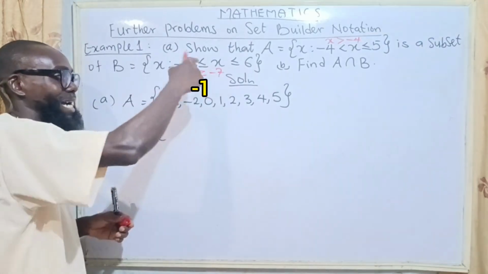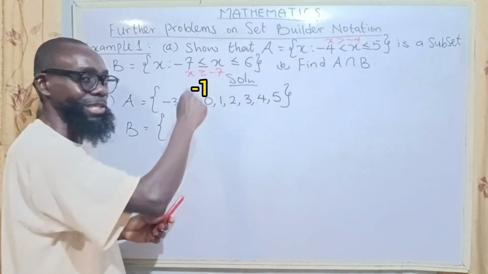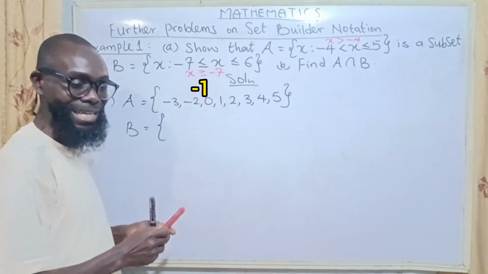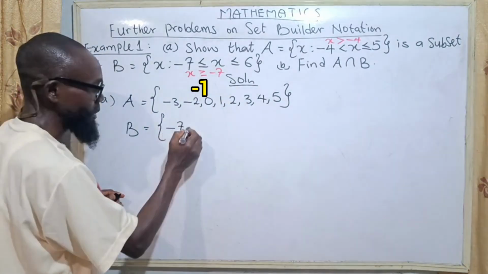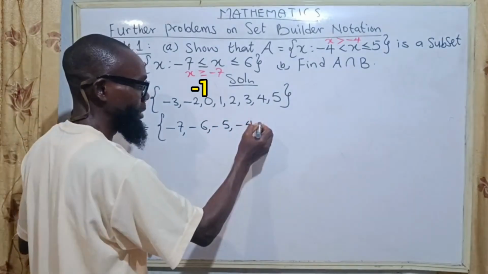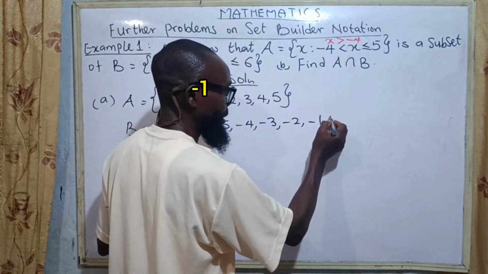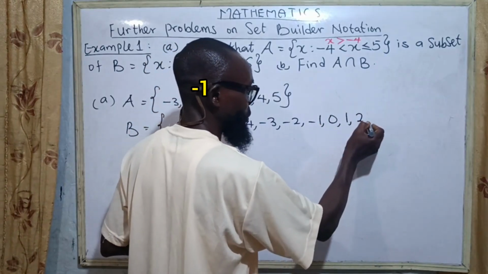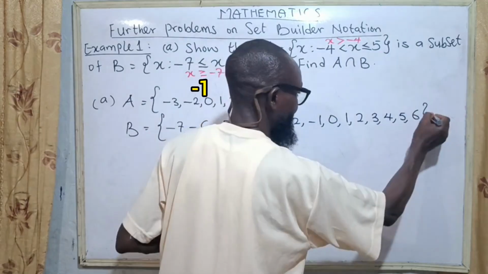It means you are starting at exactly minus 7 and you are ending at exactly 6 due to this equal to sign that is there. So we have minus 7, minus 6, minus 5, minus 4, minus 3, minus 2, minus 1, 0, 1, 2, 3, 4, 5, 6.